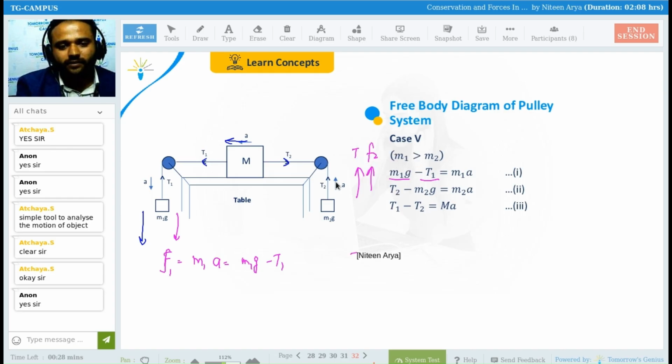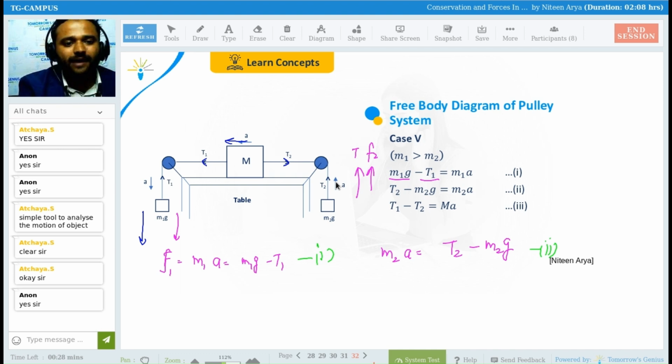So m2a is nothing but tension T2 minus m2g, because both are in opposite directions. This is my first equation, and this is my second equation.